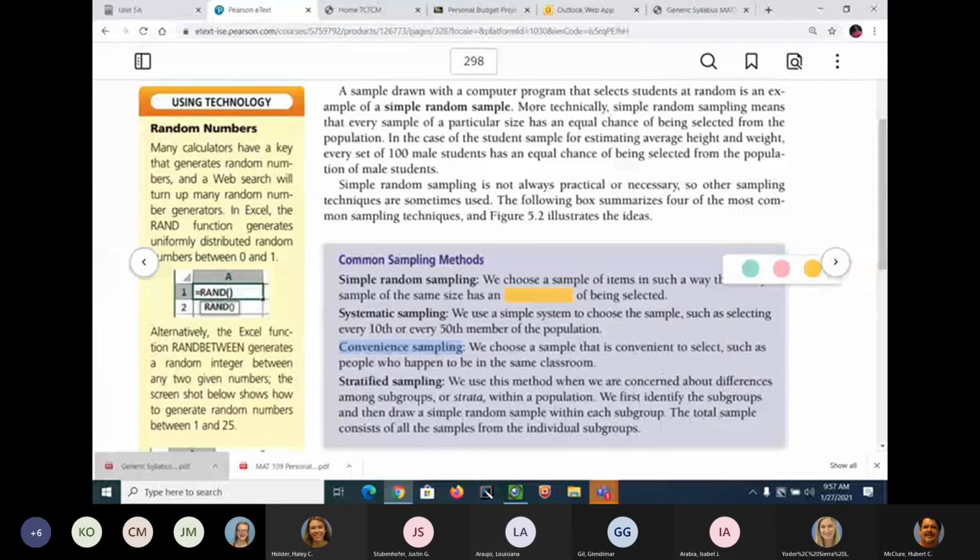Stratified. Differences among subgroups. This would be maybe a voting precinct or this classroom. I break this virtual classroom up into males and females, and I ask you, what TV shows do y'all like?